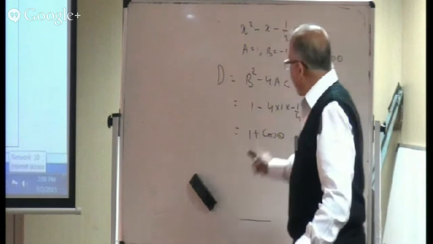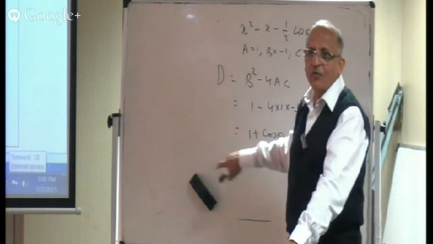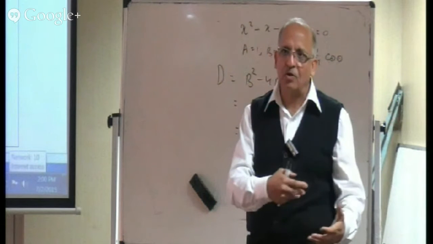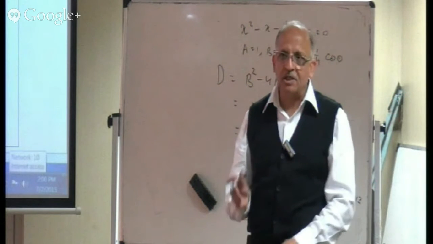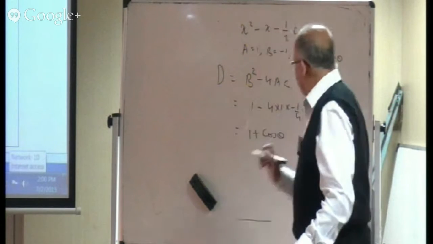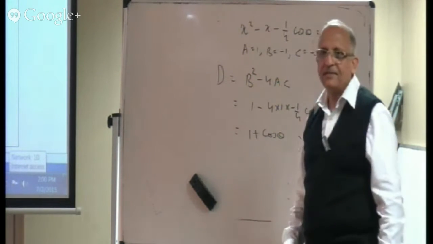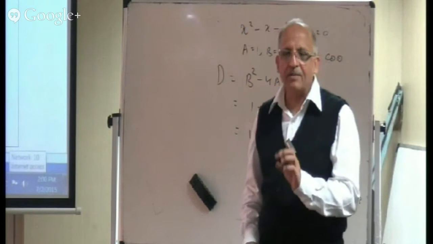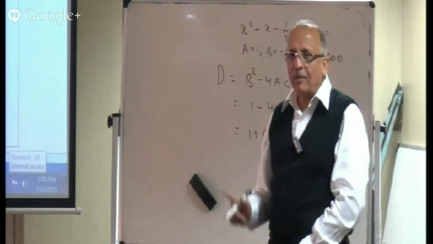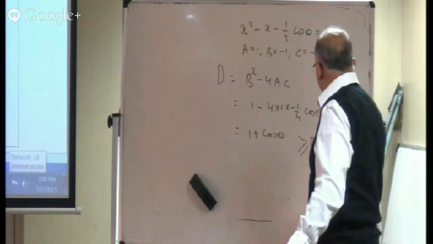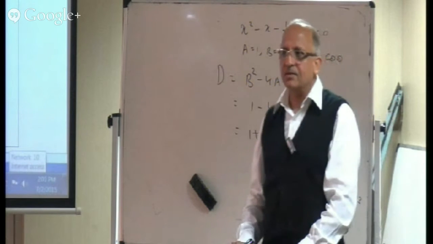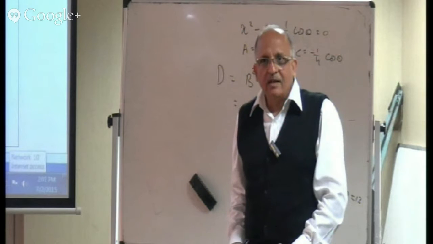For 1 plus cos theta to become negative, you must have cos theta like minus 2 or minus 3. It will never happen. At the most it can have minus 1, say at pi. So this result holds for every theta. The discriminant is always greater than or equal to 0. That means it has real roots for all values of theta.